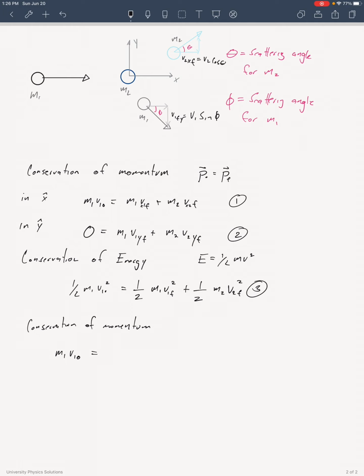That's going to be equal to m1 v1 final times cosine of phi. Alright, that is this. Now we're going to do that portion. m2 v2 final times cosine of theta.